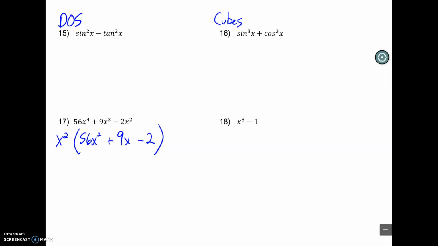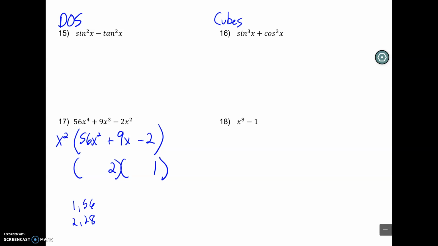Okay? All right. We can go farther because this has 3 terms. So I'm assuming this can break down. So let's save the 56 for last because that has quite a few factors. But I know that the negative 2 is just going to be 2 and 1, right? So how do we get 9? What are factors of 56? We've got 1 and 56. That's probably too big.